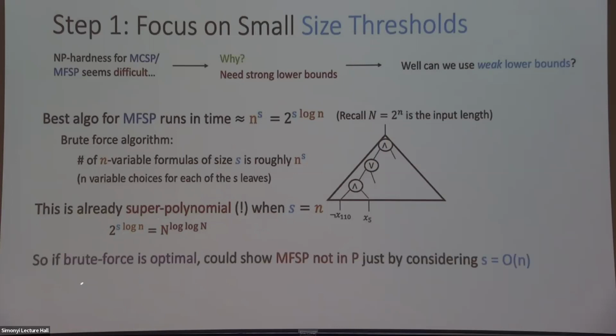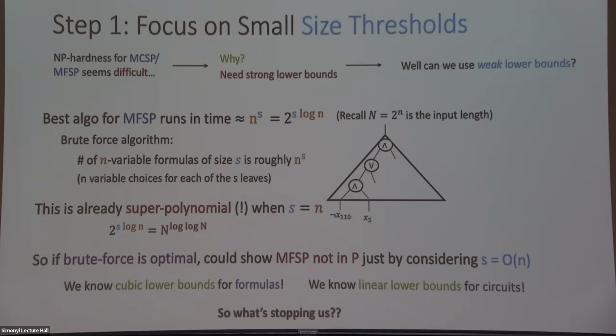And so what that means is if this brute force algorithm is optimal, you could hope to show that minimum formula size is not in P just by considering small size things. And we know cubic lower bounds for formulas, and we know linear lower bounds for circuits. So what's stopping us?